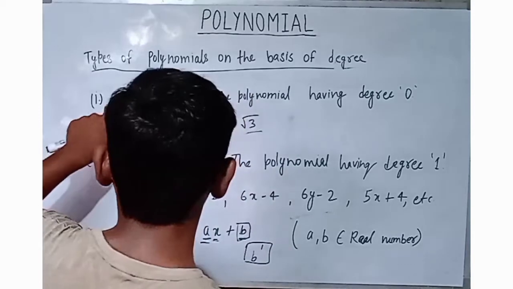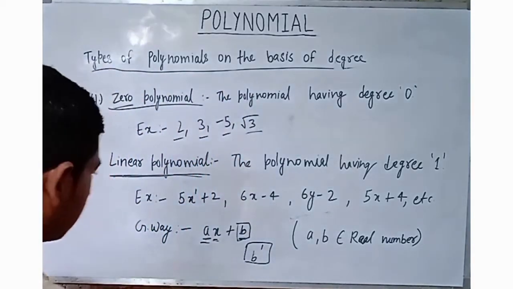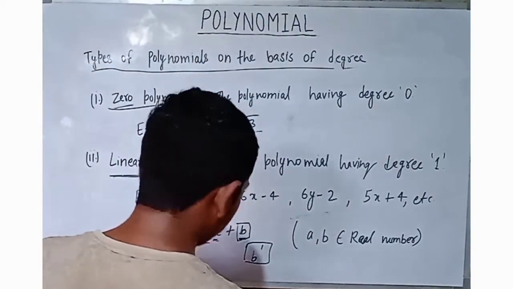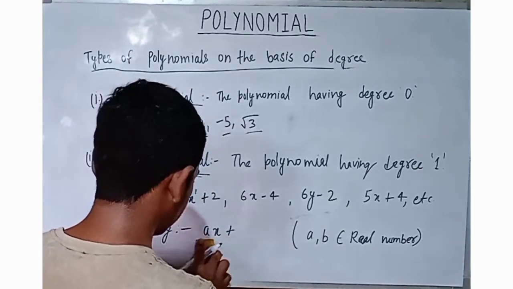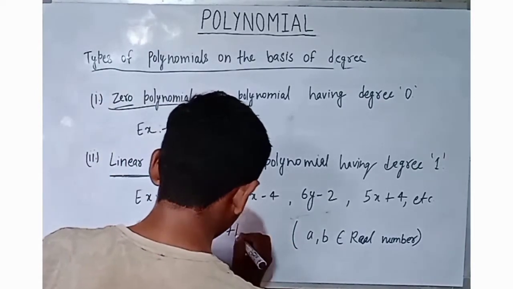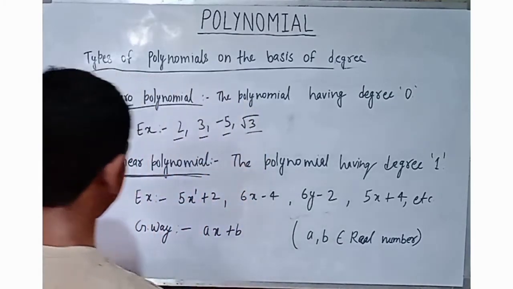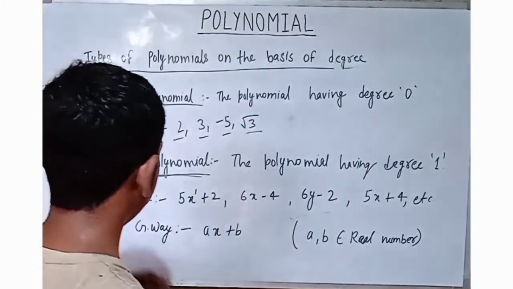So this will become a zero polynomial. That's why I am saying that the value of a should not be equal to 0. Understood this?